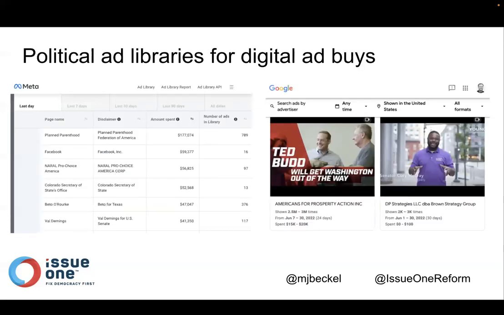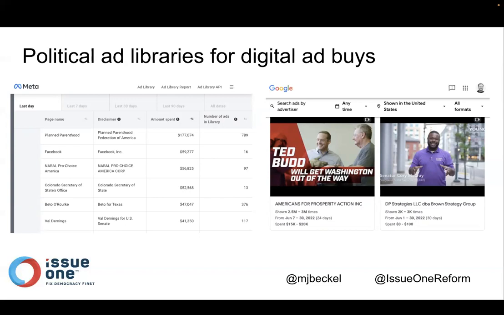As I mentioned, in the last few years, there's also been a push for more transparency for digital ads and digital political ads in particular. So under pressure, groups, companies such as Google and Facebook have created their own ad libraries, and these can be invaluable resources to see new digital ads in your area or about races that you care about.